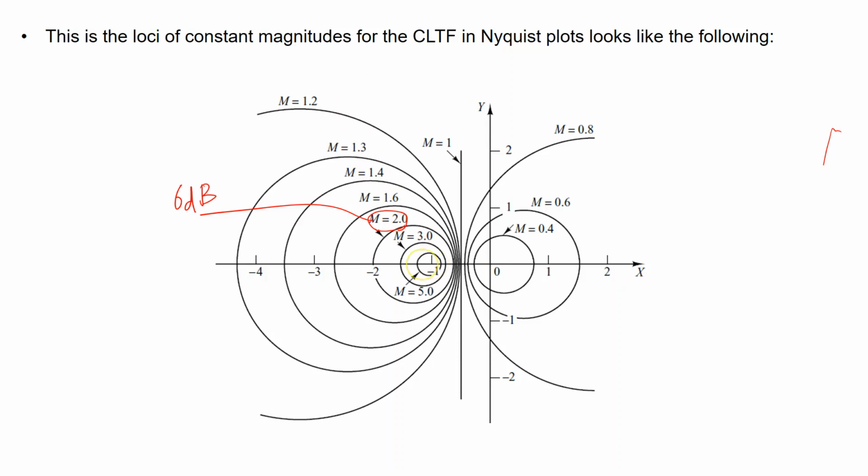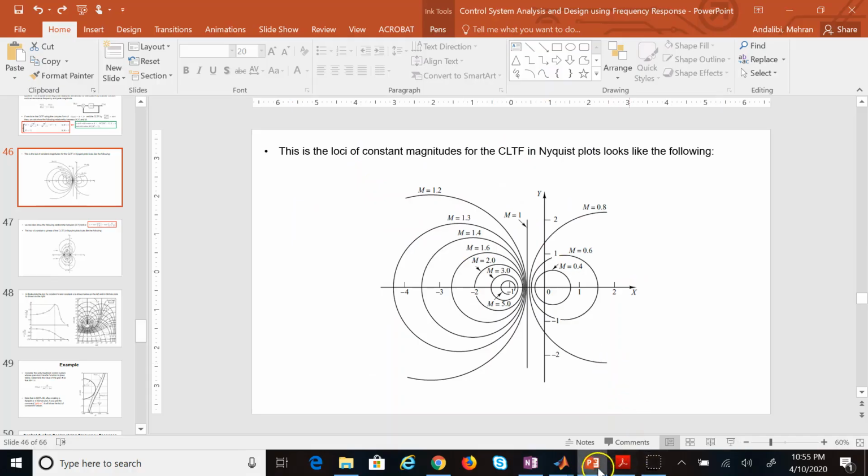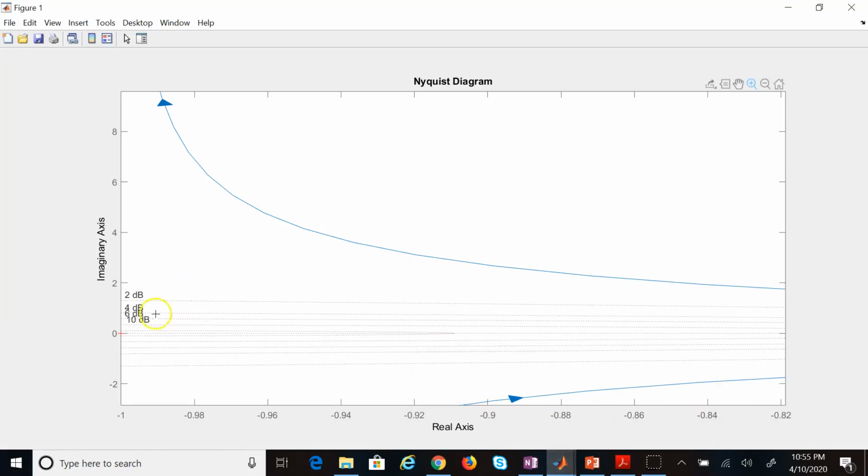Because it's 20 times log of that number. So the bigger the number is, the bigger the 20 times that is. Correct? So MR of 2 is roughly 6 decibel. And again, you can see it here too, right? So you see, as I go up, the decibel drops. As I go down, the decibel goes up, or the MR goes up.